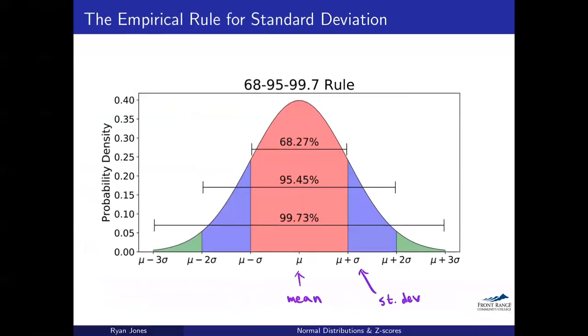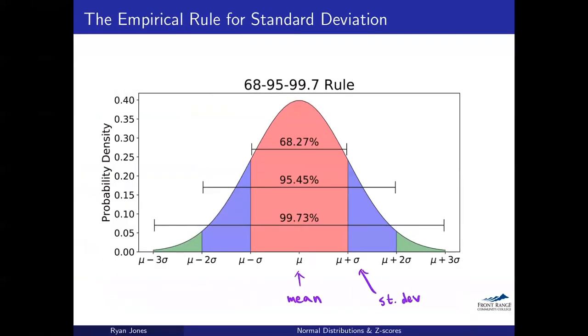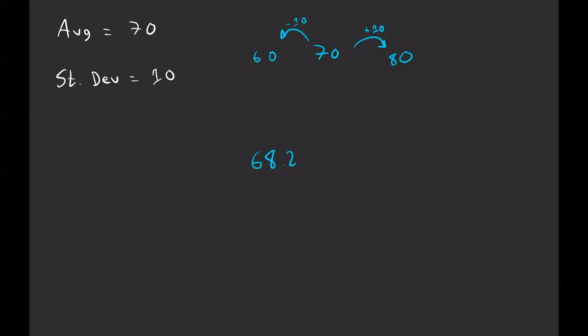If we have an average of 70, just a score of 70 on an exam, and the standard deviation is 10, this red region in the middle tells us that if I take my 70 and go plus 10 and minus 10, so that I have 60 and 80, then 68.27% of students scored between 60 points and 80 points.